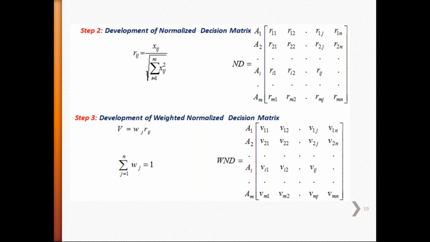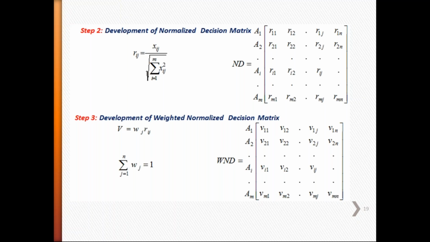that is Wj, the notation is small Vij. You can see in the weighted normalized decision matrix, Rij is multiplied with Wj. Wj means the priority weight of criteria Cj. So we'll get Vij. Vij means weighted normalized data for the ith alternative for the jth criterion.